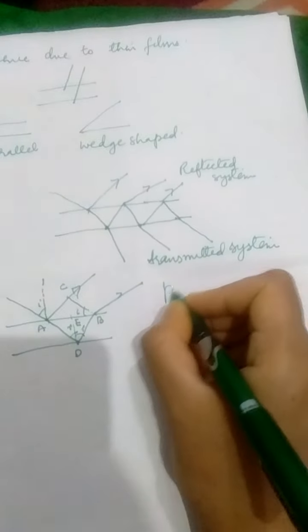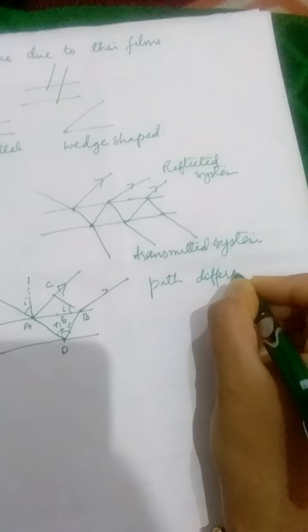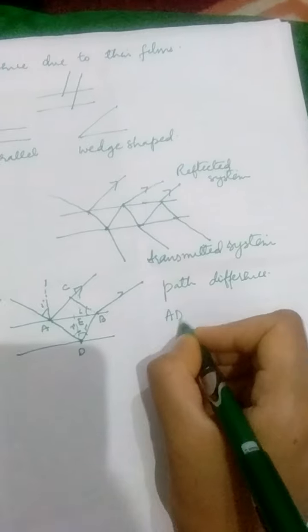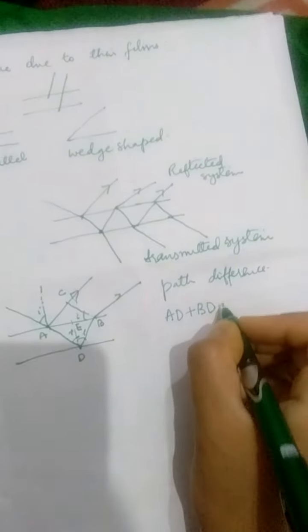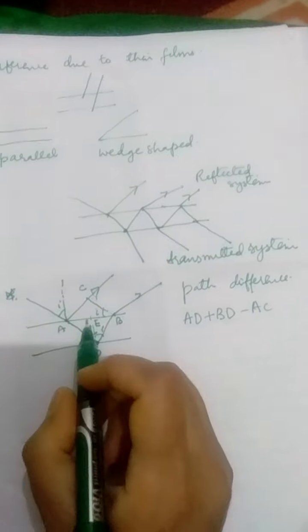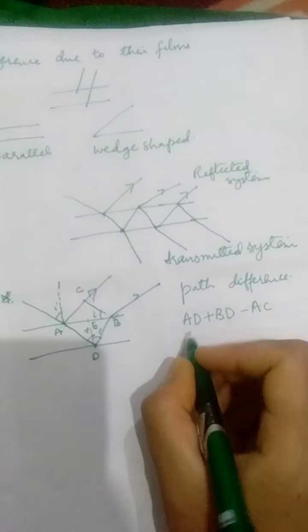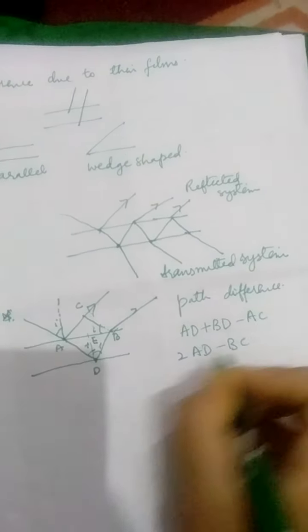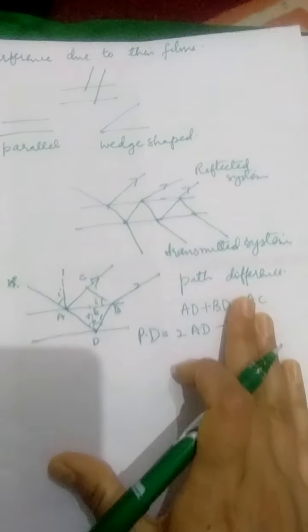So the path difference is basically AD plus BD minus AC, right? Because AD and BD are identical, they form the part of an isosceles triangle. We can write it is twice AD minus AC, which is the path difference PD, right?